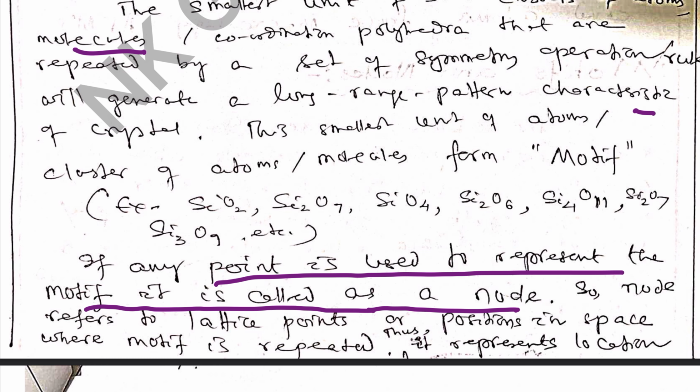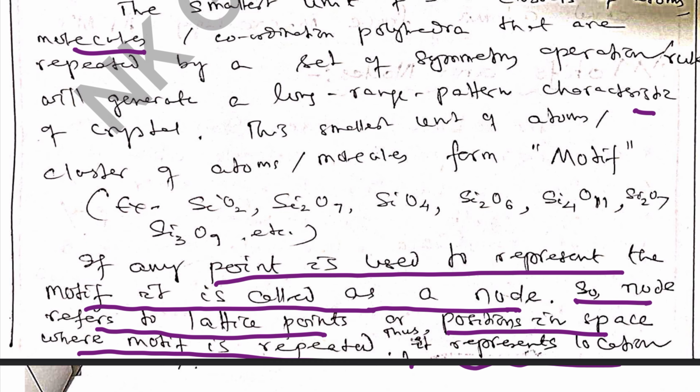Any point where the repetition of the motif occurs is called a node. So node refers to lattice points or positions in space where a motif is repeated.